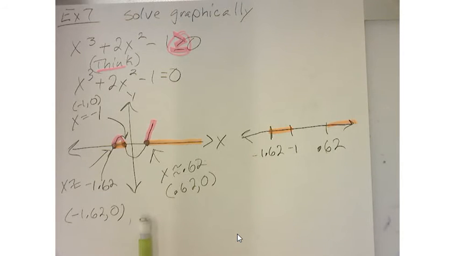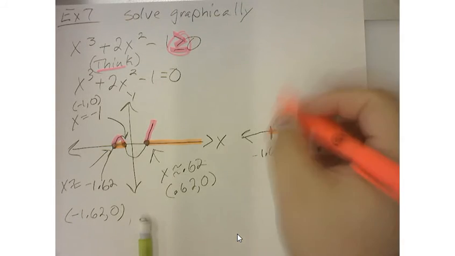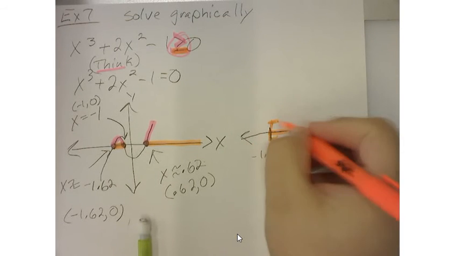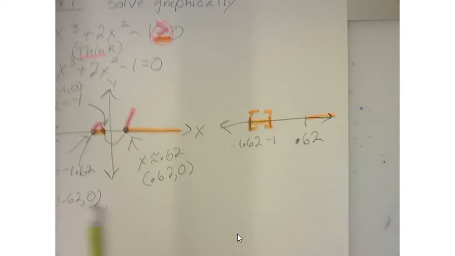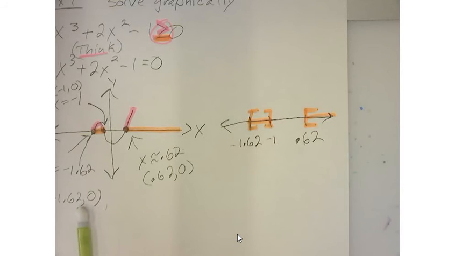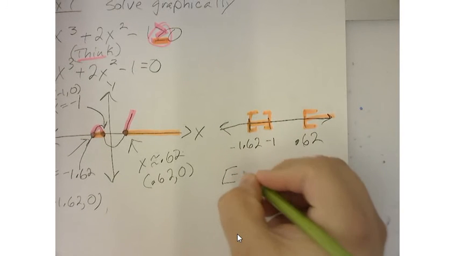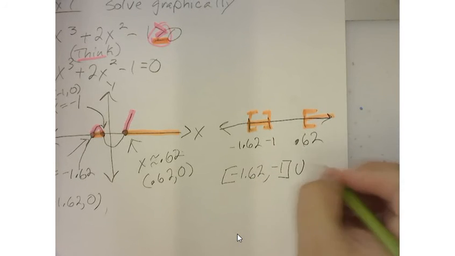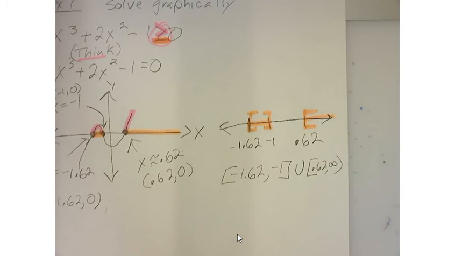These are inclusive because I have the underline, because I have the equal sign. We're including these values, and I'm including that value. So how do I write that? Well, I could say negative 1.62 comma negative 1, union 0.62 comma infinity. And that's pretty much it, isn't it? Does anybody have any questions?